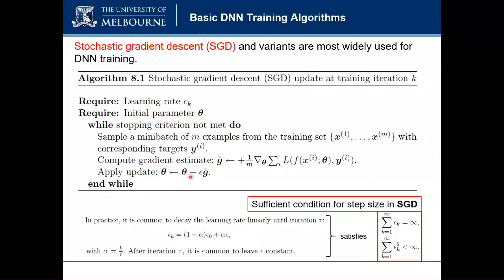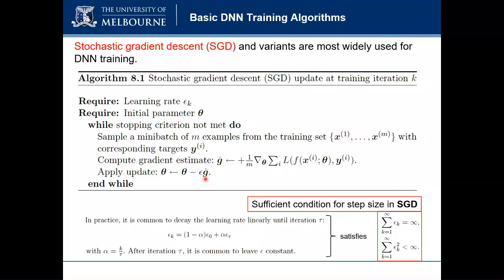So this epsilon is the learning rate. As we were discussing, and I asked it in the mid-semester test, you can have a fixed one, you can have a diminishing one, and you can also have line search methods. Line search methods are usually quite expensive.